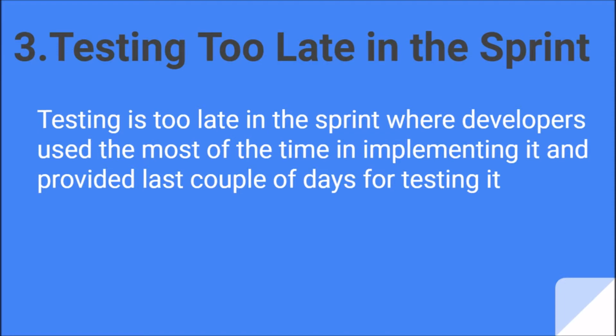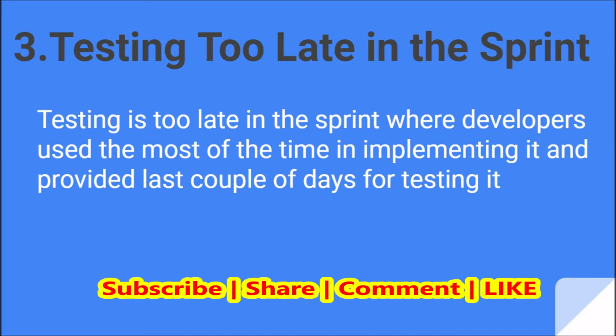So let's move on to the third challenge faced by the testing team, which is testing too late in the sprint. If we take the example of a 2 week model, most probably the testing team will get the build at the end of the first week or in the last 3 days, even when you are operating an agile sprint model. But that is not going to work out.